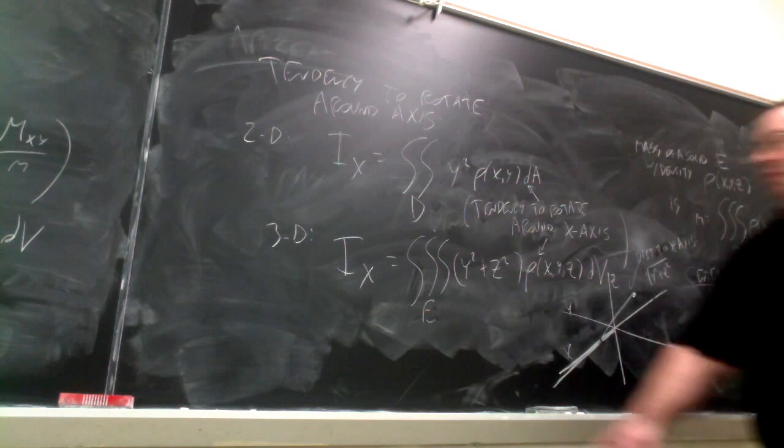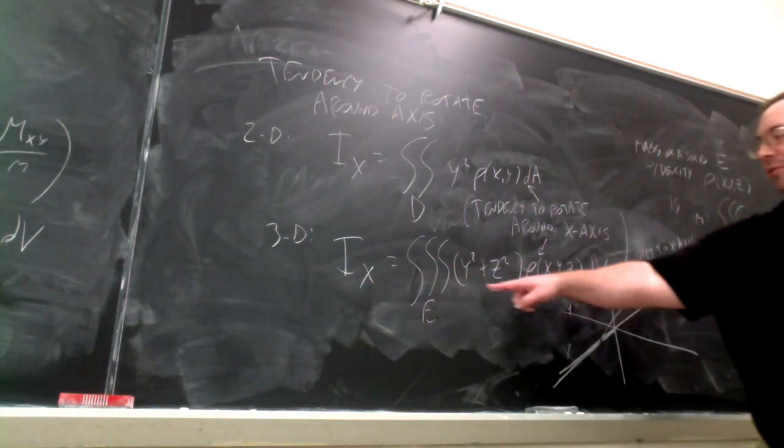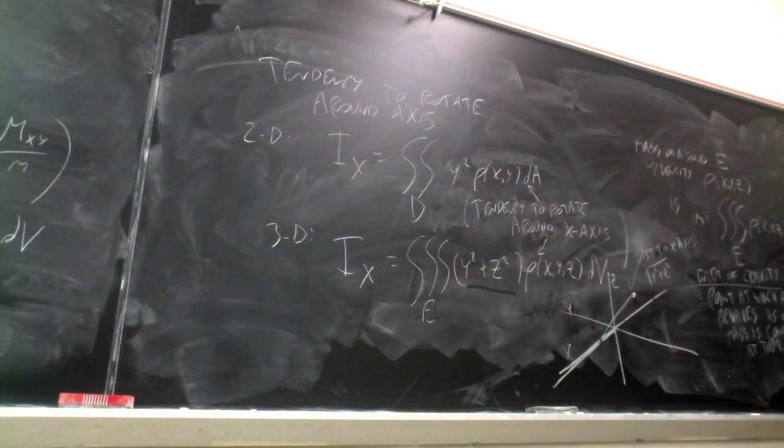Whatever axis you're rotating around, you take the sum of squares of the other variables. So that applies in both 2D and 3D. All right, so those are some application problems. Again, it's something that could come up on a final, since that's comprehensive.